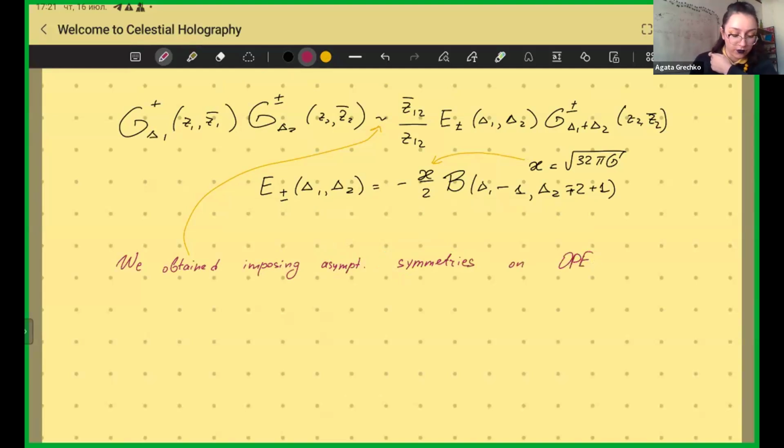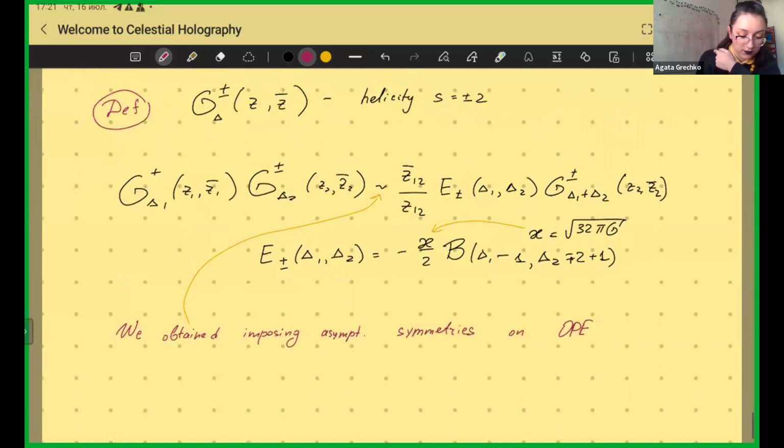So all the constraints that fixed this coefficient here were the asymptotic symmetry constraints. From the other side, actually, completely the same expression can be obtained from the purely amplitude part of the question.